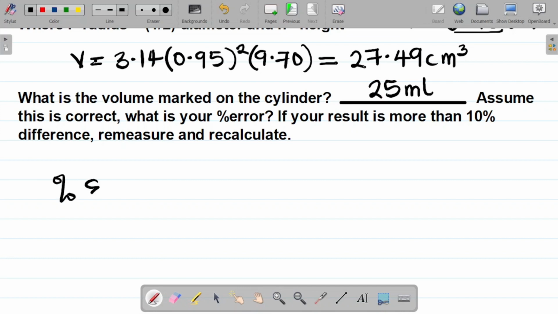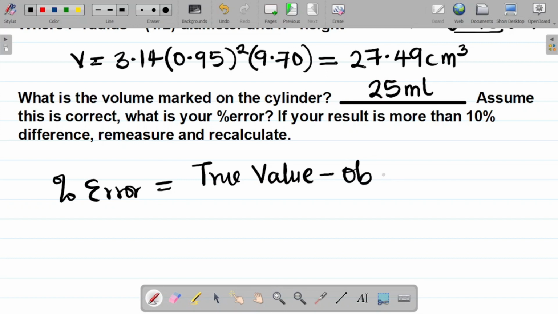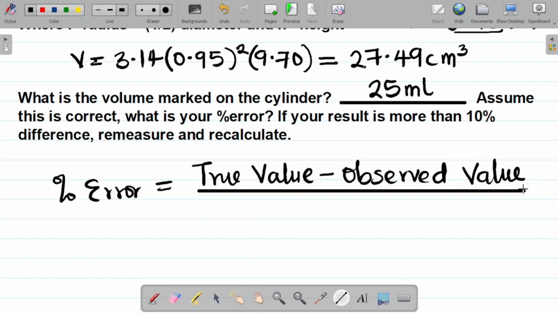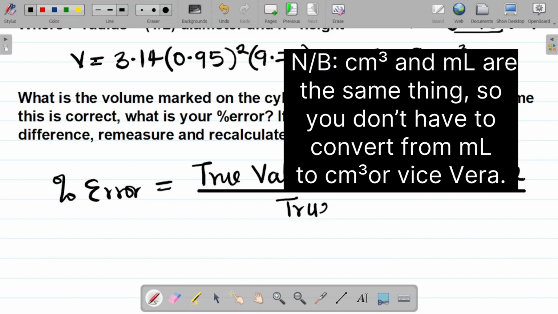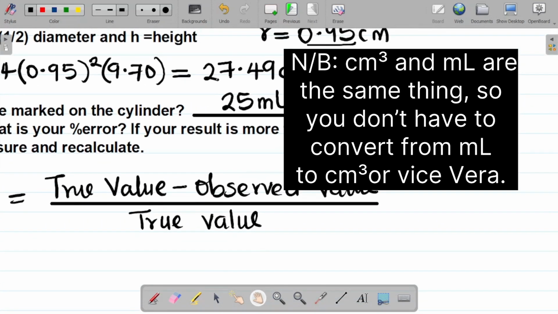So the percentage error, as we know, is equal to true value minus observed value, all over true value, of course multiplied by 100%.